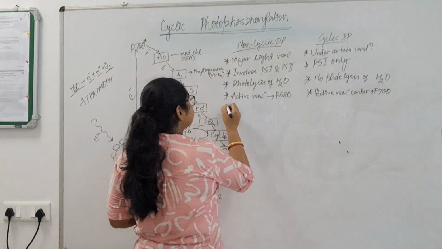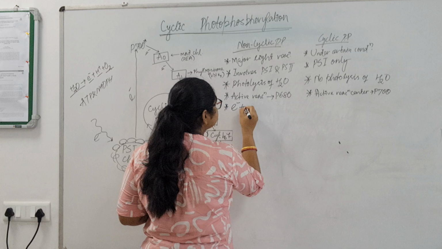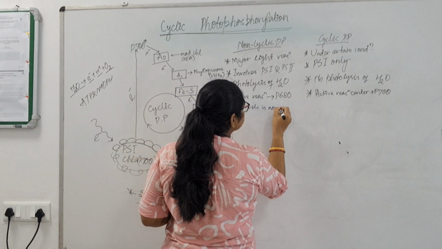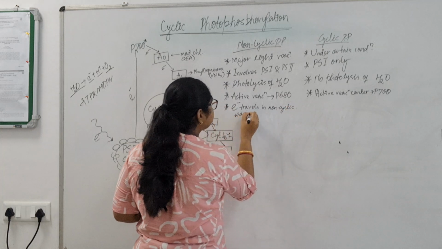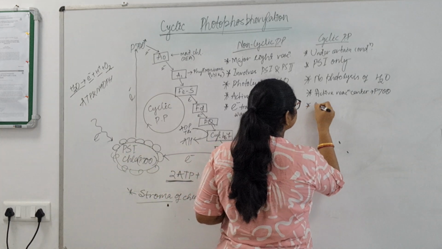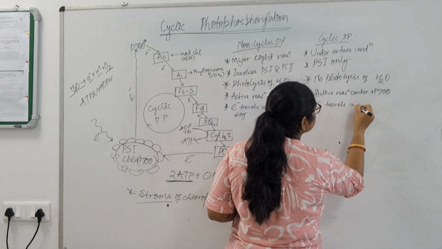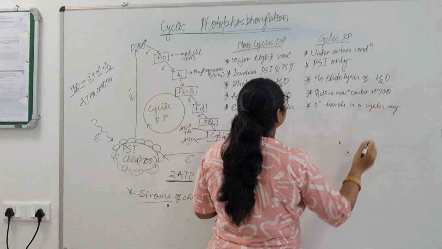Then the electron travels in a non-cyclic way here, and in a cyclic way there.